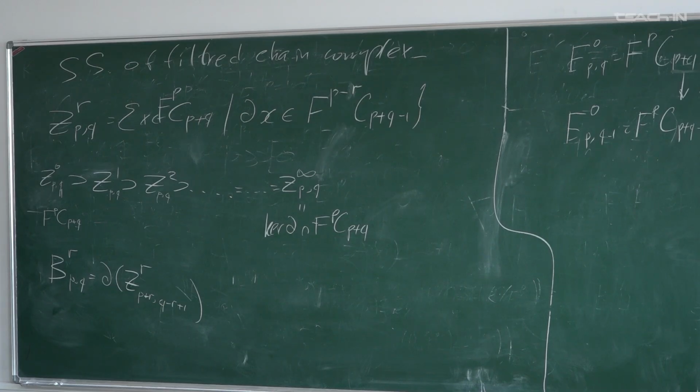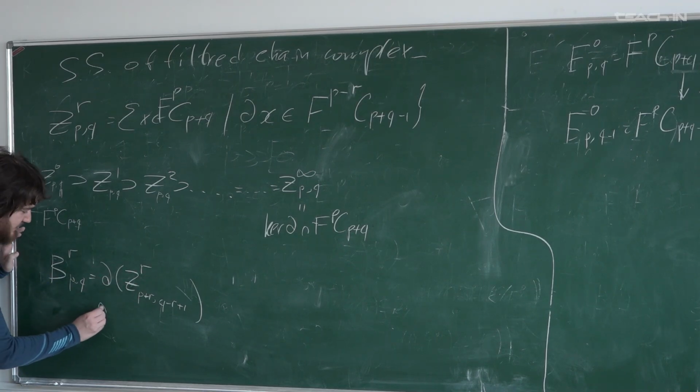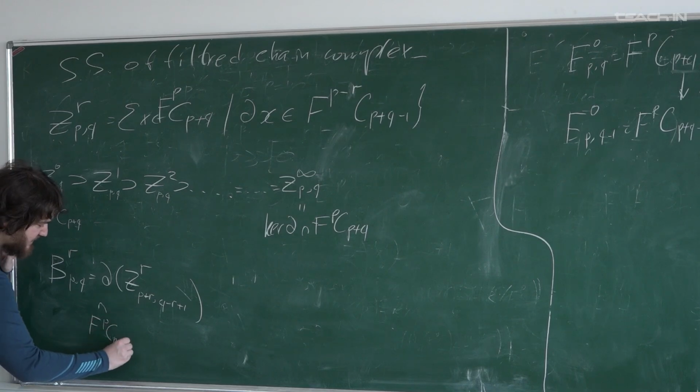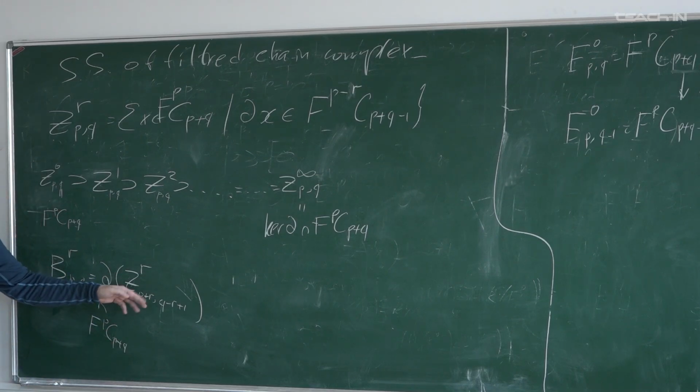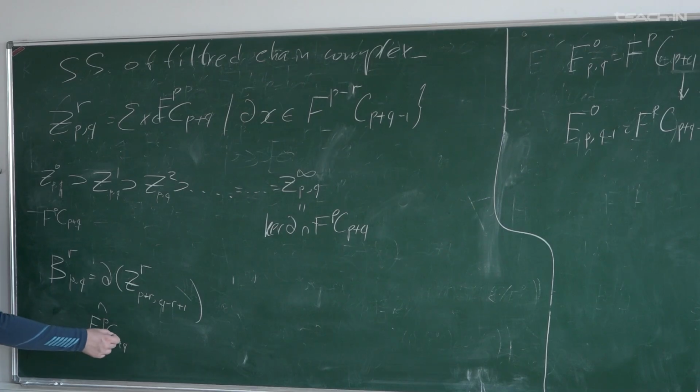It's something which is the boundary of some filtration R elements above. Yes, it's true. By definition of Z, these elements lie in Fp, because if it's from Z_R, its filtration degree is bounded by R. So it in fact lies in degree Fp of C_{P+Q}.